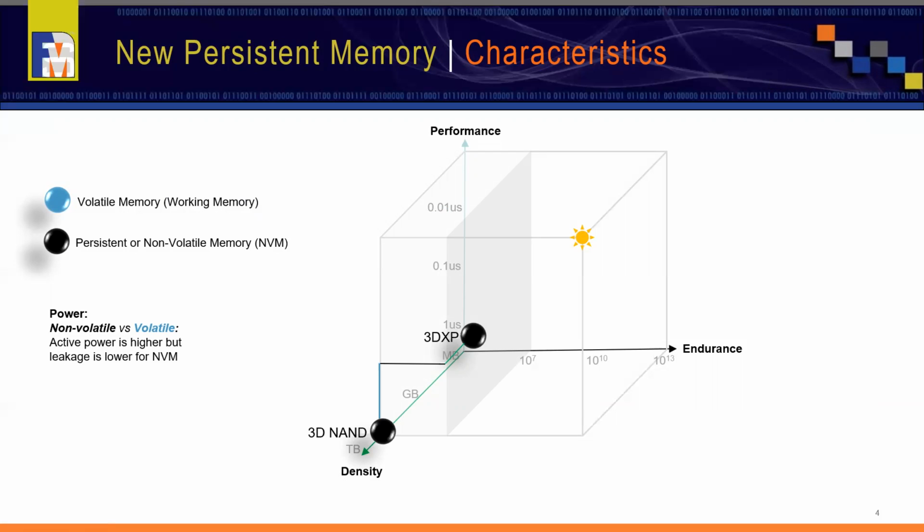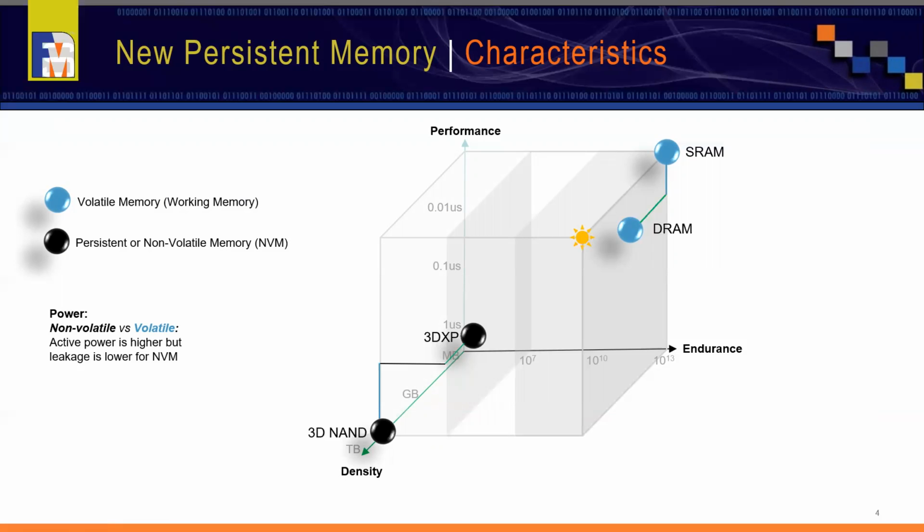This nicely fits in the storage hierarchy above the 3D NAND layer and is what is commonly called persistent memory. At diagonally opposite corner, we have SRAM, which is volatile and more of a working memory, but it is informative to compare along with DRAM and 3D NAND group because that comprises the other extreme of this cube.